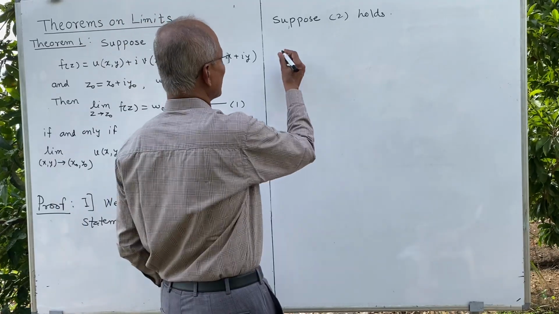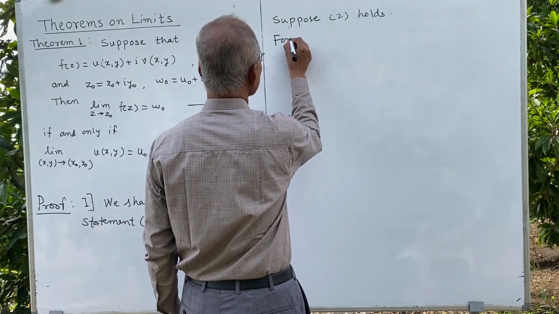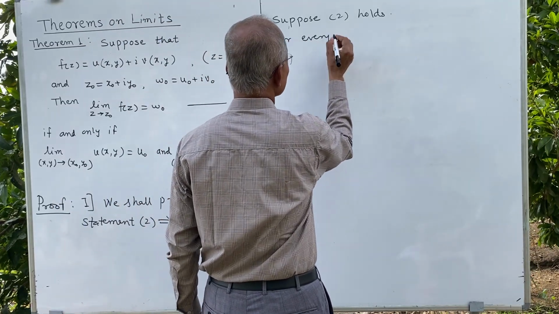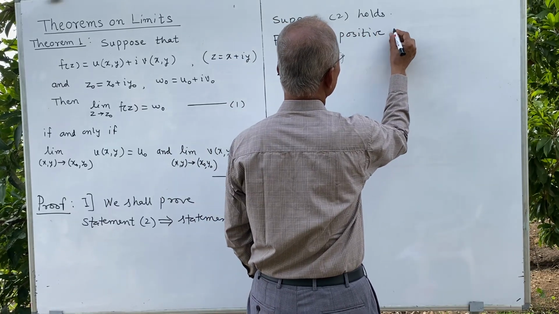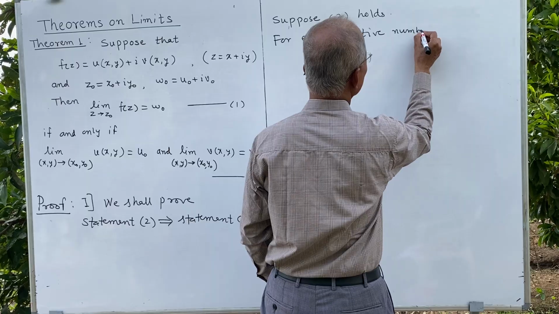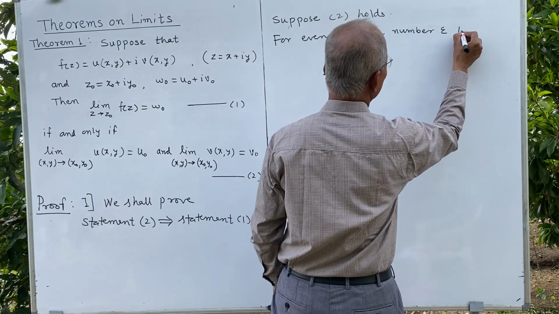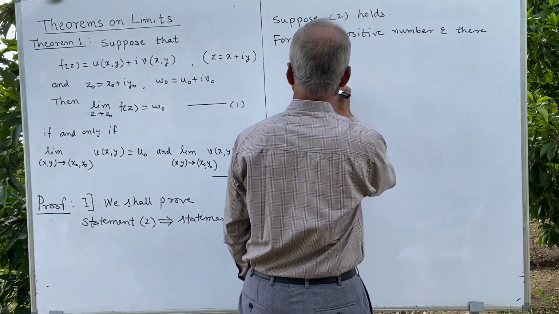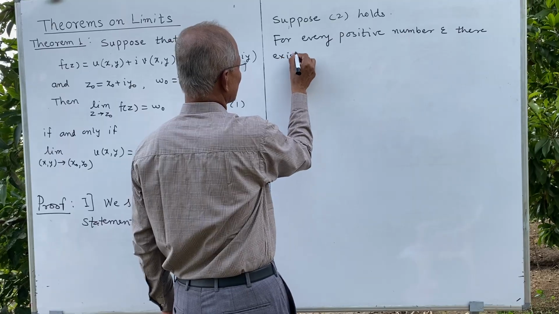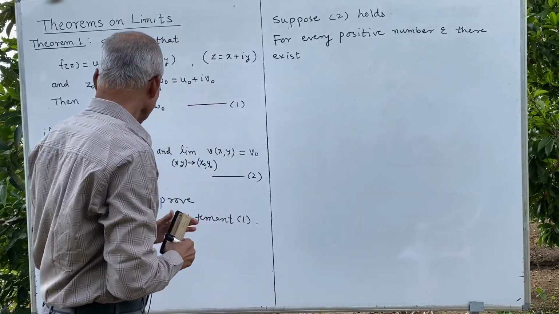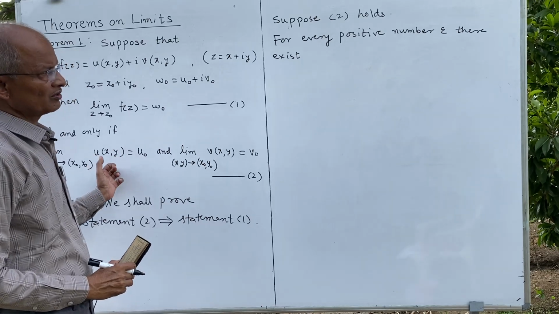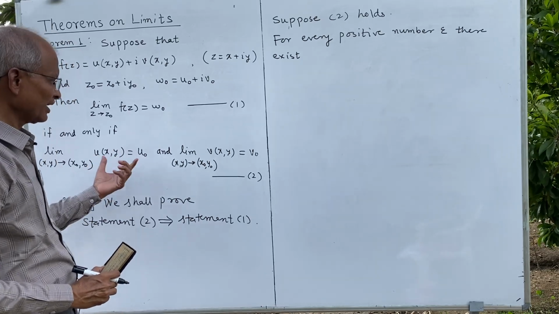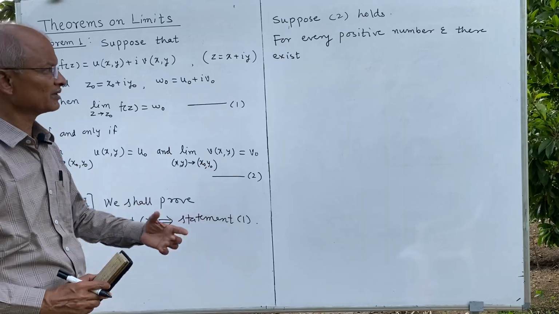So, therefore, for every positive number epsilon there exist, and because these are two limits, we shall consider two positive numbers, delta 1 for the first limit and delta 2 for the second limit.